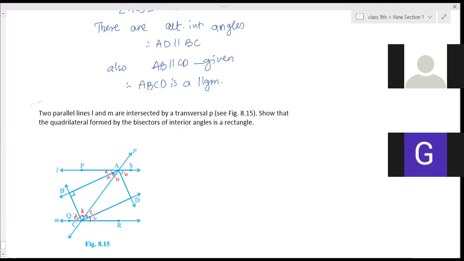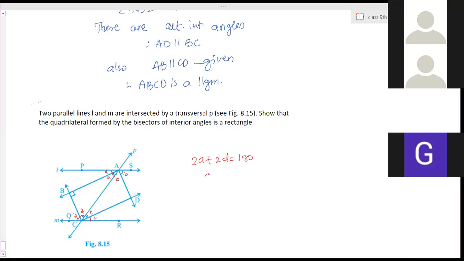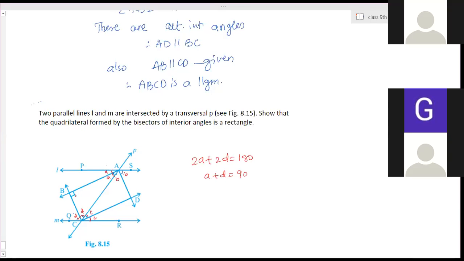Now 2A plus 2D is equal to 180 degrees. So A plus D is 90. So in triangle ABD, the sum of two angles is 90, so the remaining angle will be 90, right?